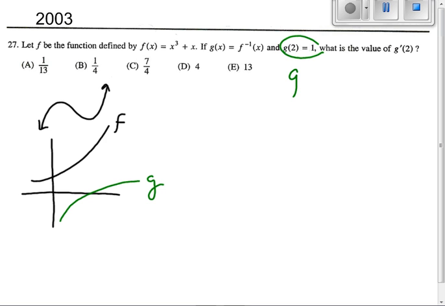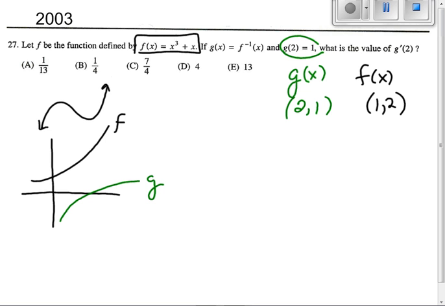This is for g of x. The ordered pair is 2, 1. So for f of x, interesting, it's the same ordered pair, it's 1, 2. One of the first choices is using the wrong coordinate. So they're going to get you on that, because if you use the wrong coordinate, you say, oh, it's a. Well, it's not a.